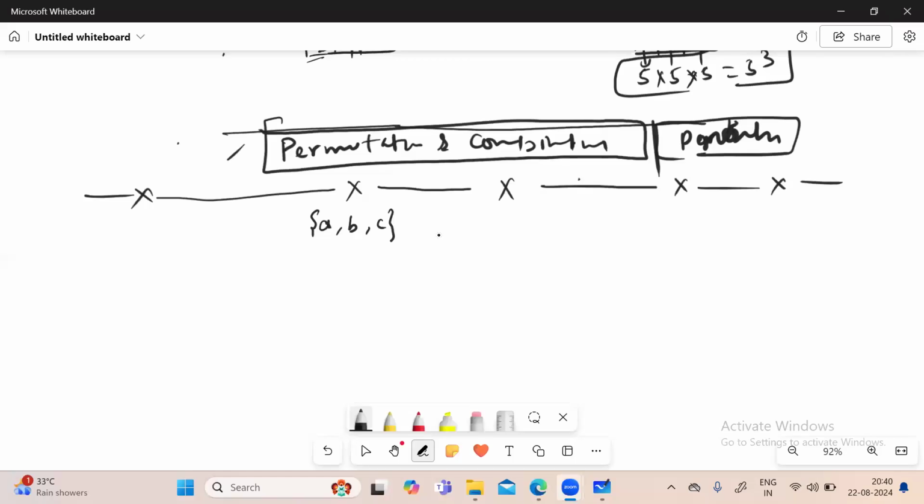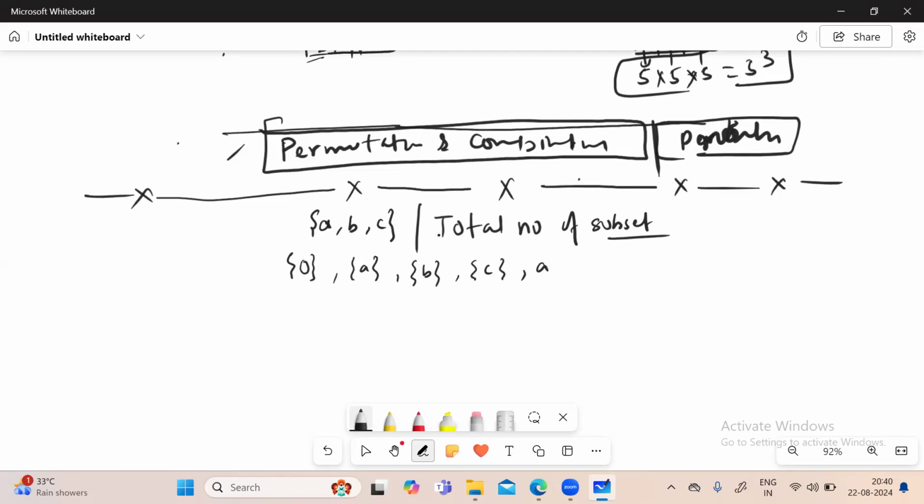We were trying to find out the total number of subsets. If you want to do it by visualizing all the subsets, you can visualize that there is a null set, and then there are three sets of single elements, and you have around three sets of double elements also.